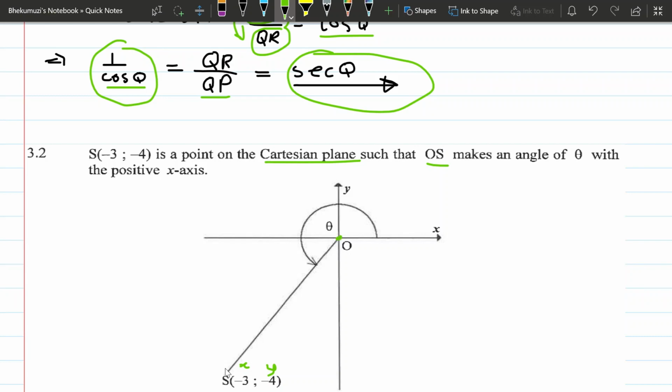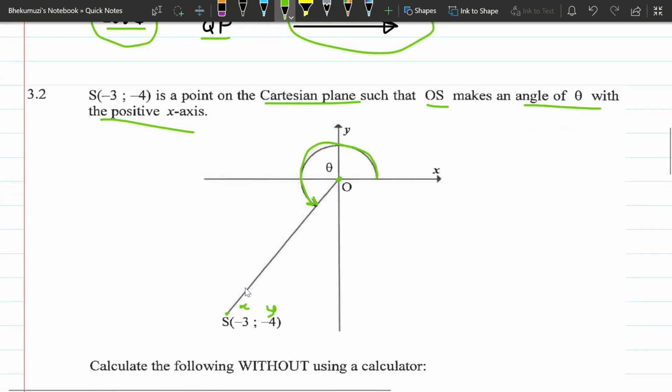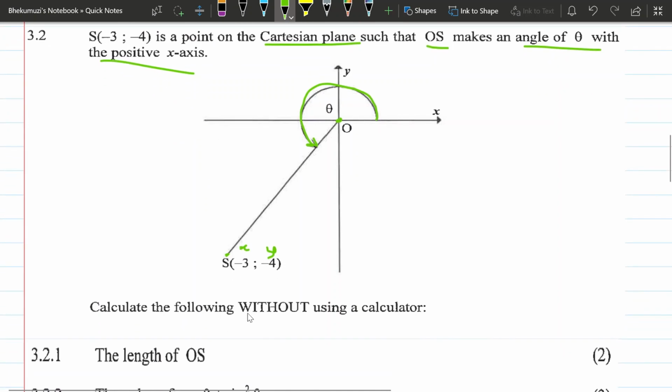So that is OS. And then it makes an angle with the positive x-axis, meaning they are measuring it from the positive x-axis to the OS, right? To OS. Okay, but the first question the instruction is that calculate the following without using a calculator.